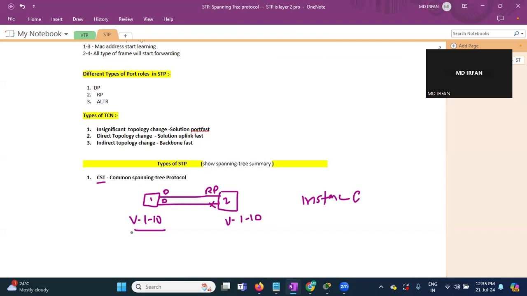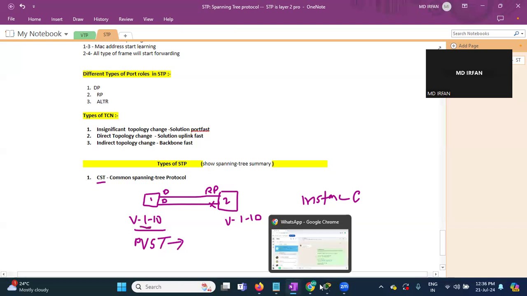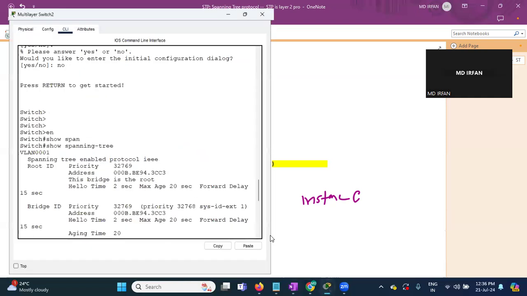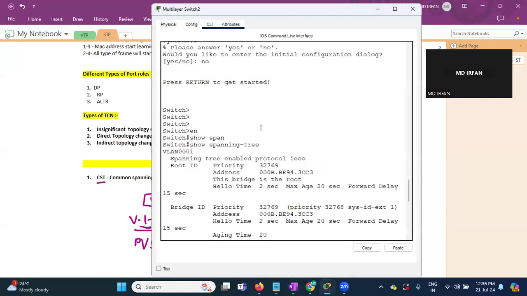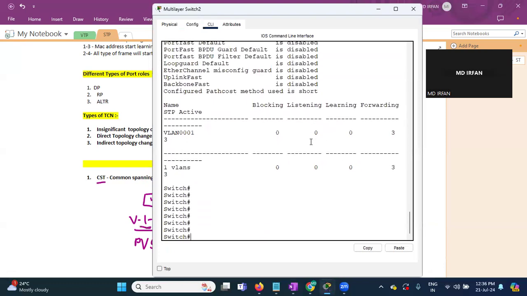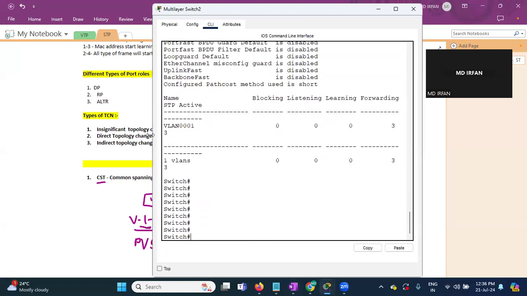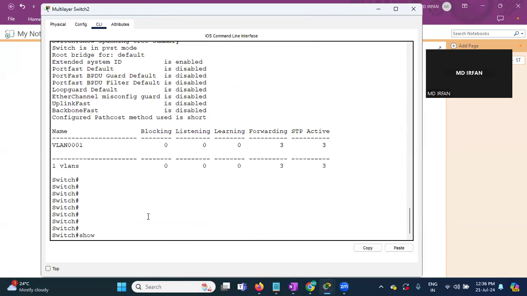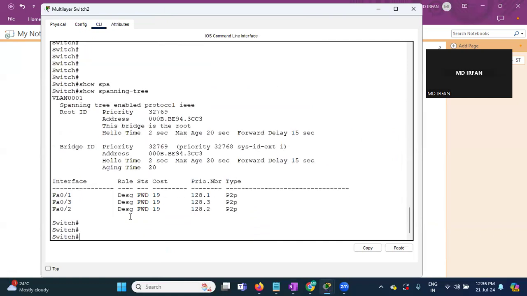But in PVST, as the name suggests, Per VLAN Spanning Tree Protocol, it creates a single instance for each single VLAN. For example, if you have 10 VLANs, then you will see 10 instances. Just consider that CST is running, and you run show spanning-tree.